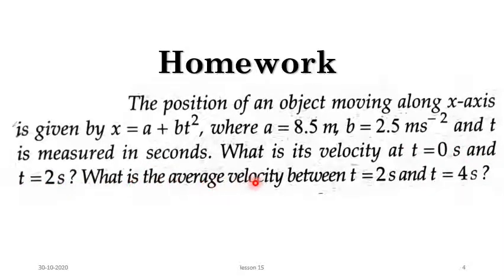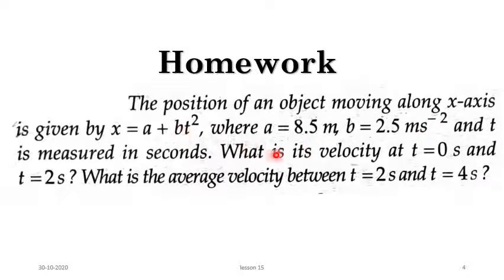What is the average velocity between t equals 2 seconds and t equals 4 seconds? Here they have given you the position of the object, x equals a plus b t squared, the value of a, 8.5 meter, the value of b, 2.5 meter per second square, and they have said that t is measured in seconds.